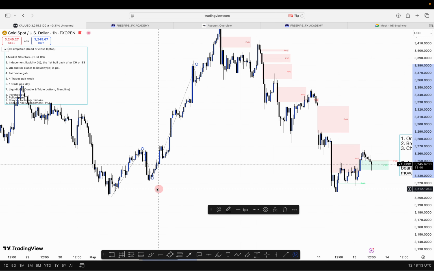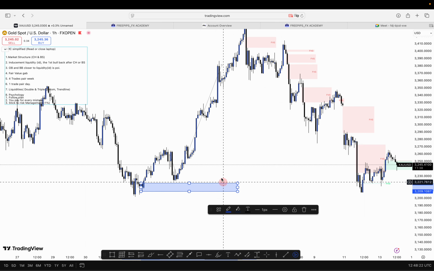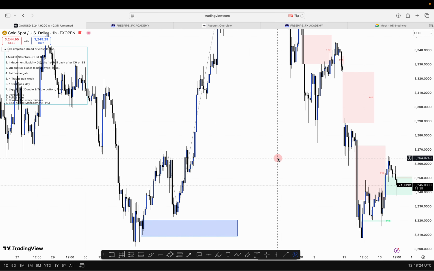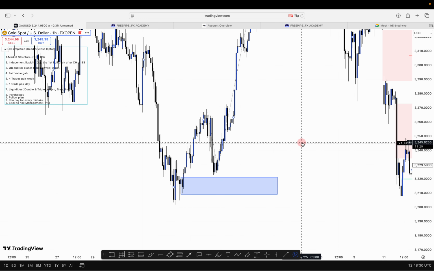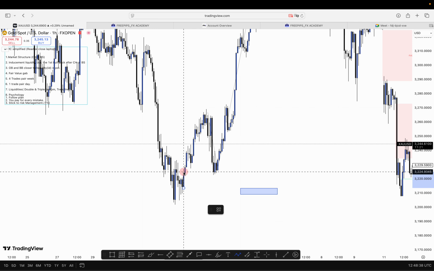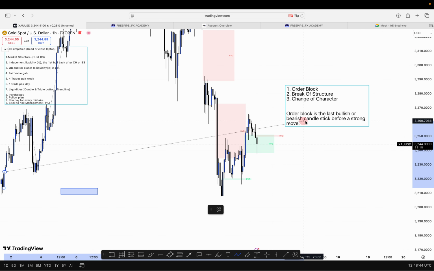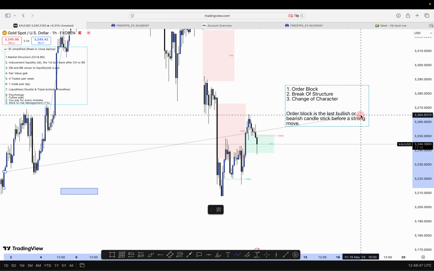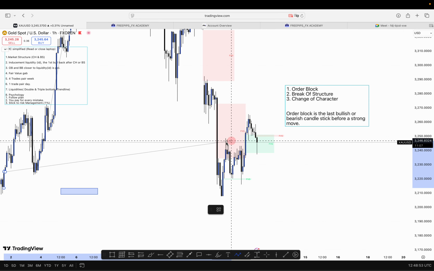So how can we identify an order block in here? This last candlestick here created an order block. Is it the bullish or the bearish one? This candlestick is a strong move, and look at the definition: the last bullish or bearish candlestick before a strong move.